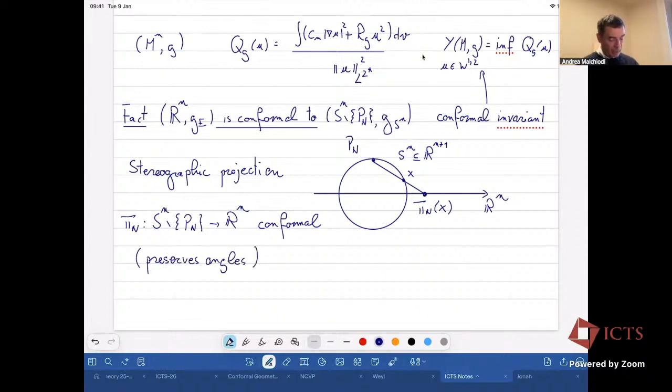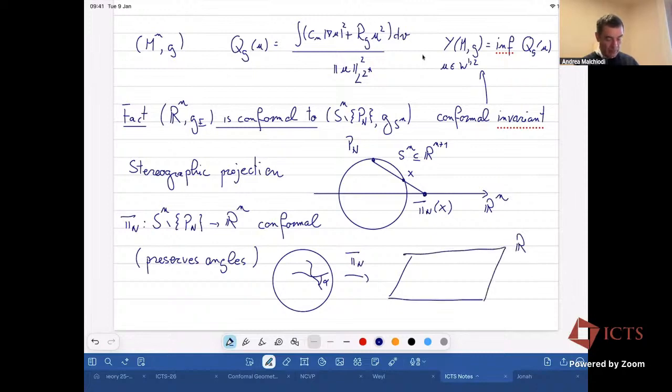Okay, so just to draw a picture, you have the sphere and two curves in the sphere that intersect with some angle alpha. You project using the stereographic projection pi_n to R^n. You find the image curves, and the angle alpha is preserved.